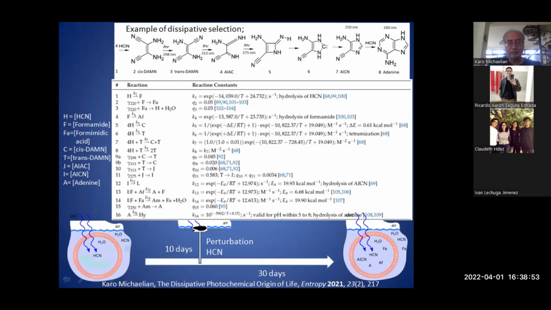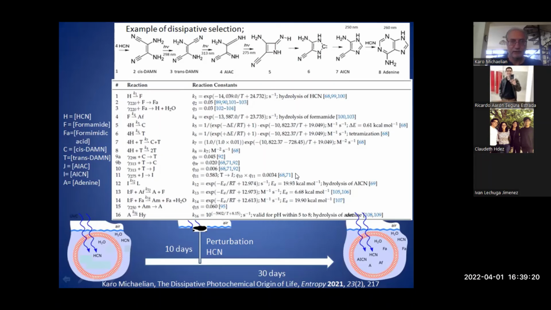And we have that perturbation only lasting for about 2 minutes out of 30 days. So only 120 seconds. And that is enough to allow us to go into a new regime or a new stationary state with a greater photon dissipation rate. And that changes the concentration profiles of the molecules involved in the reaction to adenine.